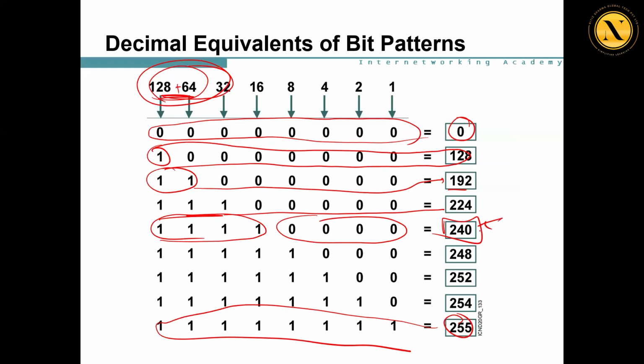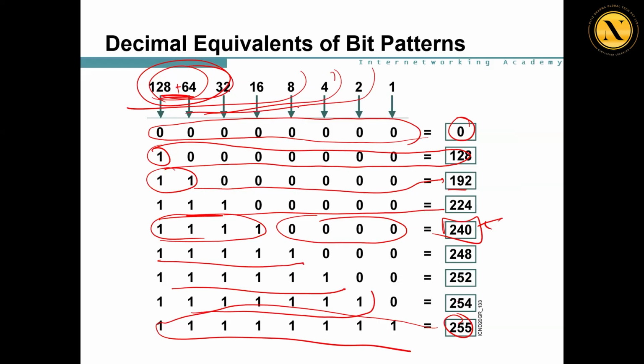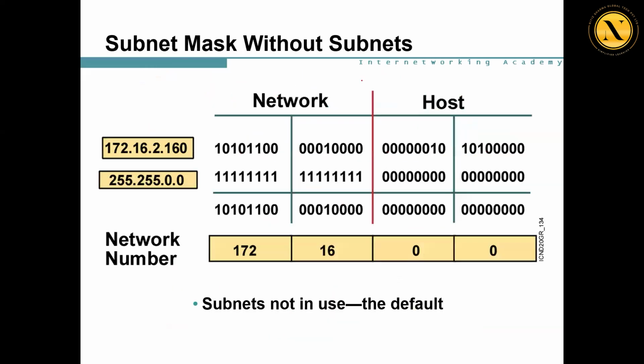My way of remembering, right? 5 bits on, 248. 6 bits on, 252. 7 bits on, 254, and 8 bits on, 255. Yes, all okay? Yes, guys, everybody?